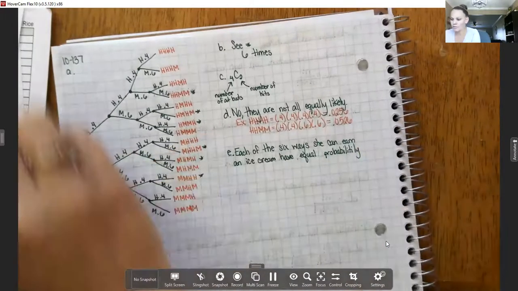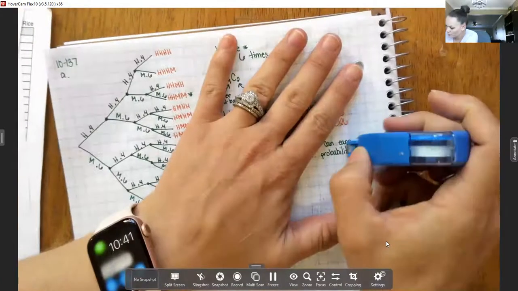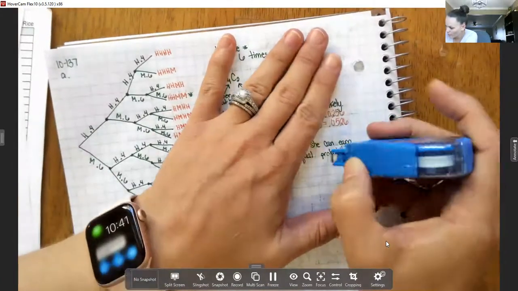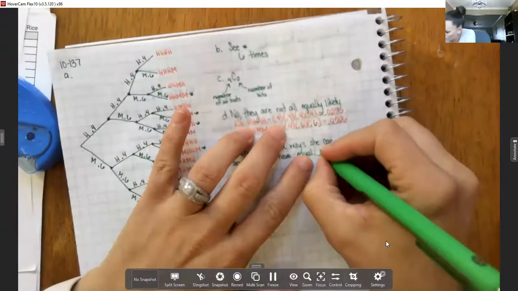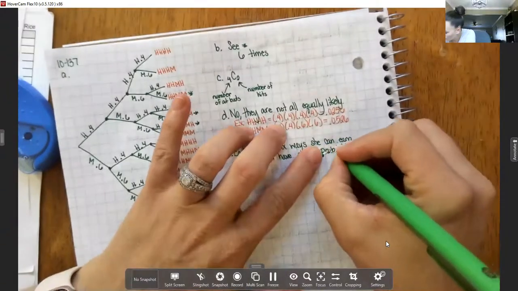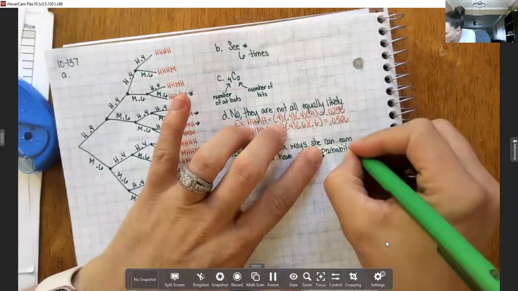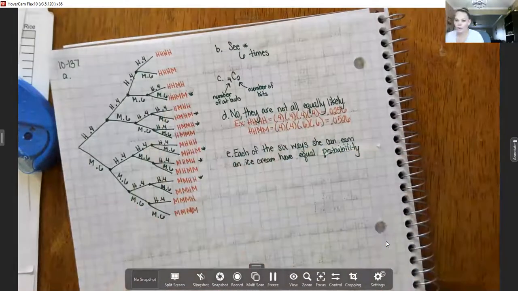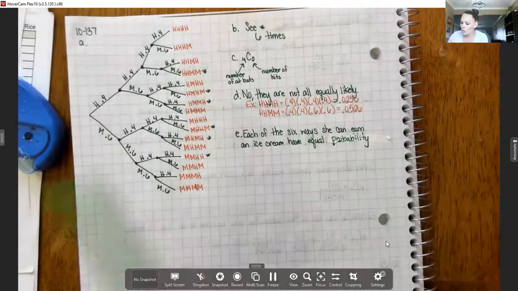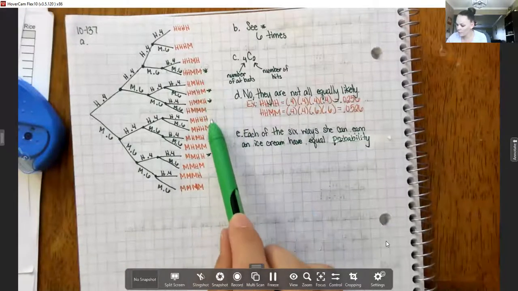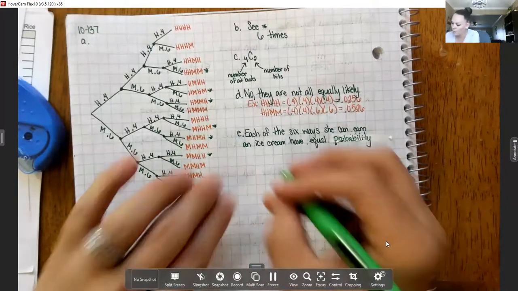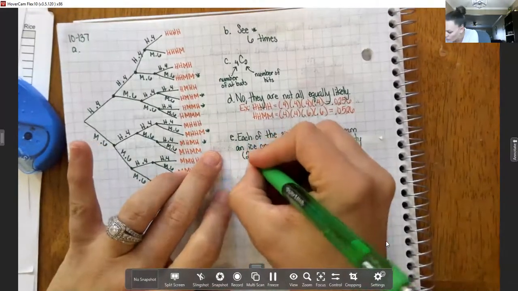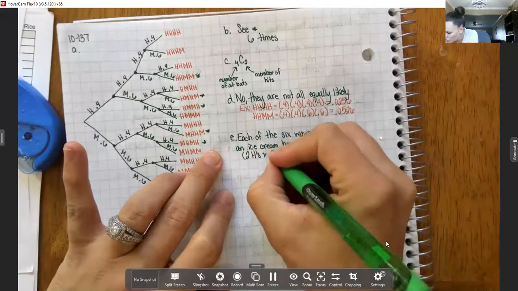Oh my goodness, I can't spell today. Okay, so we said there were 6 of them total. These all have equal probability because they all have 2 H's and 2 M's.